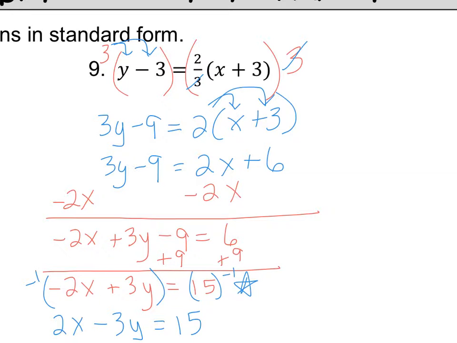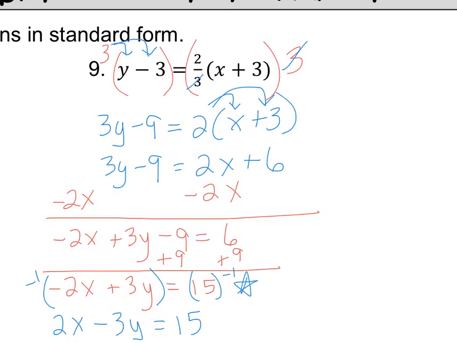So I chose to go ahead and clear out my fraction at the very beginning and multiply both sides times 3. The only thing a little different about this one is when I got down to my initial answer where I had all the x's and y's on one side and the number on the other, I started out with a -2x.